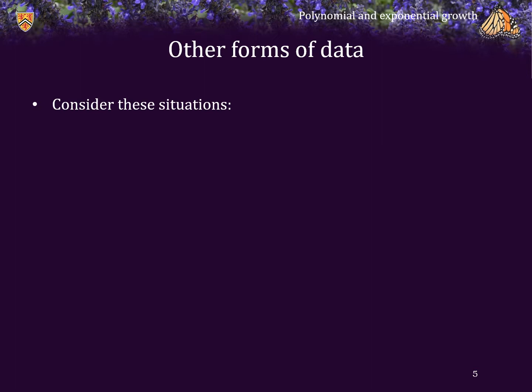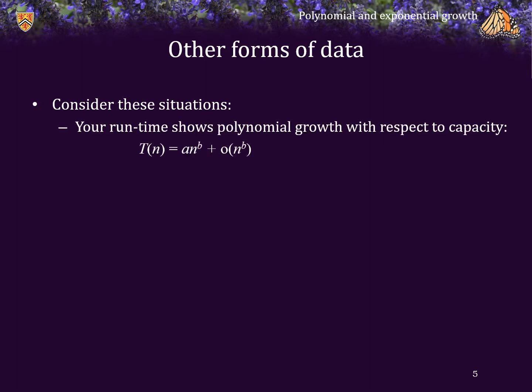Now instead, let's consider these situations. You've implemented an algorithm, and your runtime shows polynomial growth with respect to the capacity n. So t of n is a times n to the b for some power b plus lower order terms.